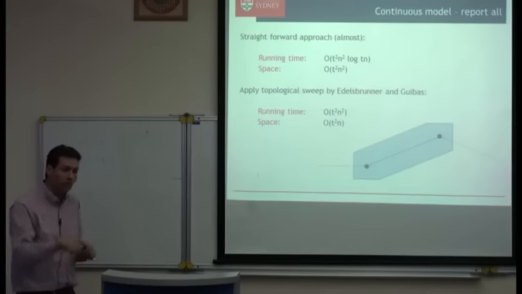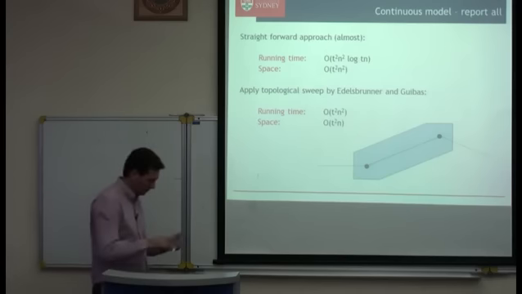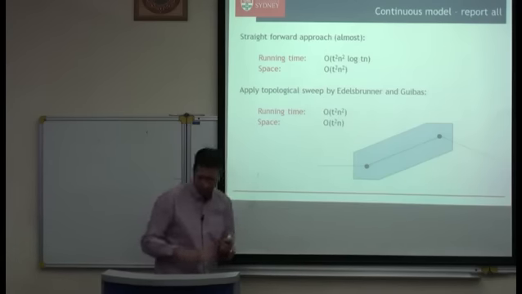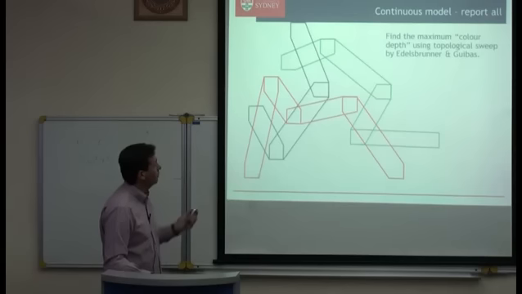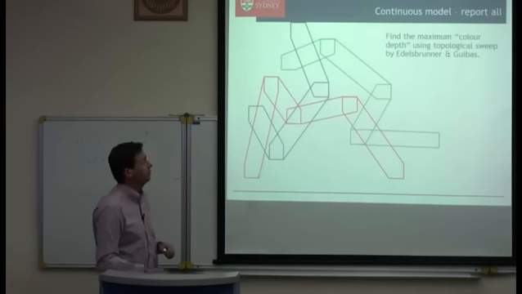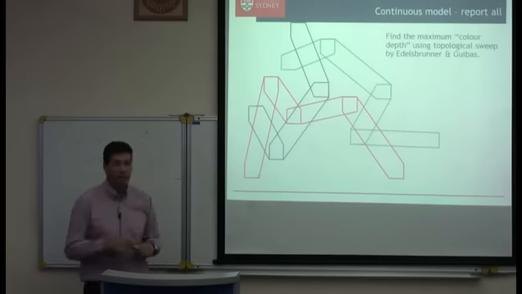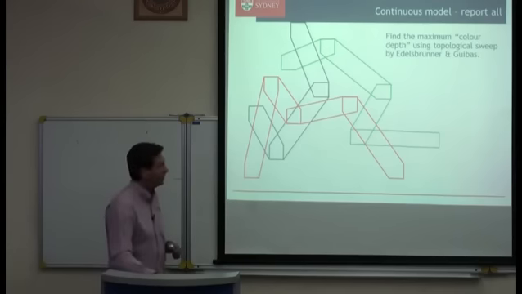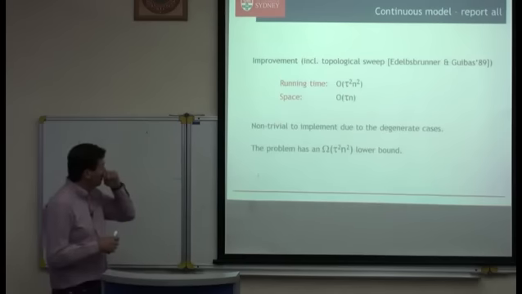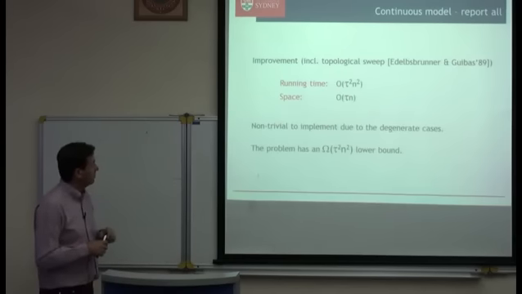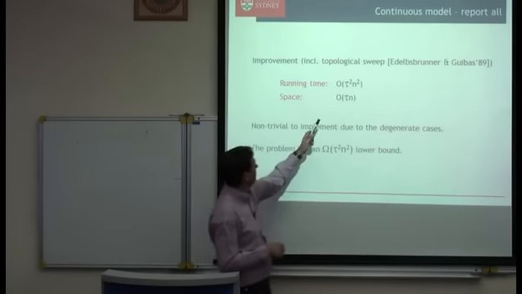So I don't want to go in and look for whether a color is there or not. Okay, good. So the problem is then just to find the maximum color depth using topological sweep, and this has been done by Guibas and Edelsbrunner. Actually this should still be tau squared, I think.